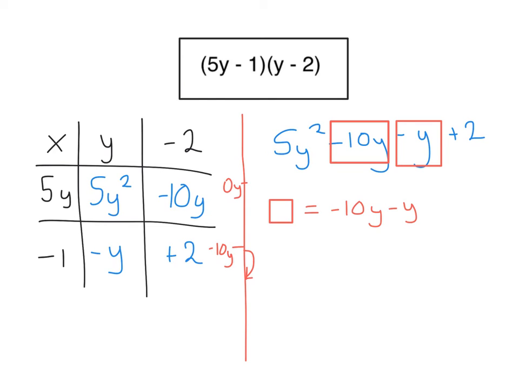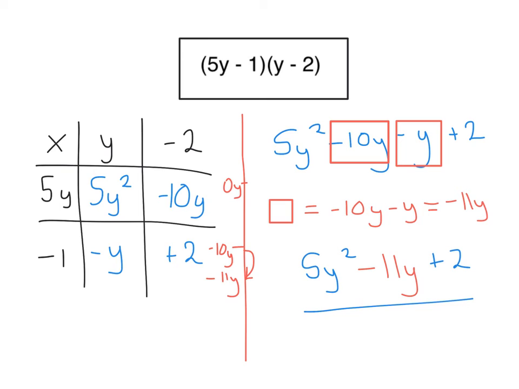I'm getting further away from 0, it's going to be negative 11y. So let's write it all out now. So I've still got 5y squared, but I've got that negative 11y, which has brought those y's together. Add 2. There's my final expression.